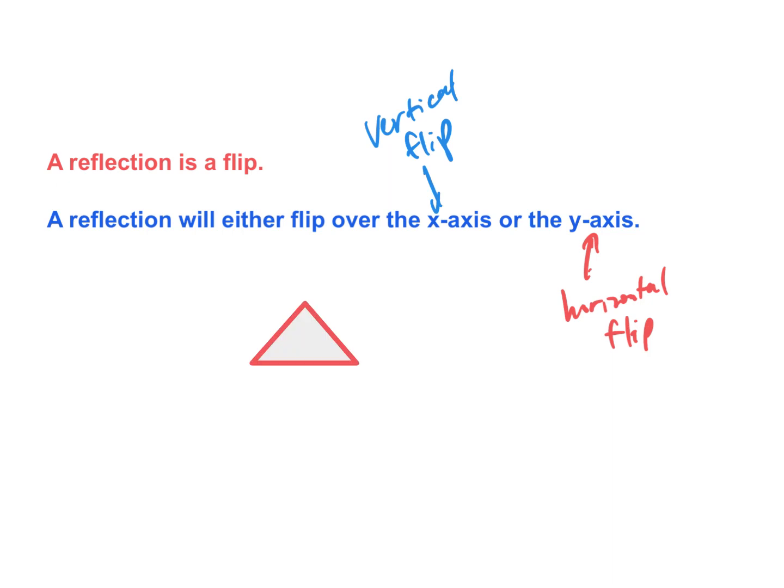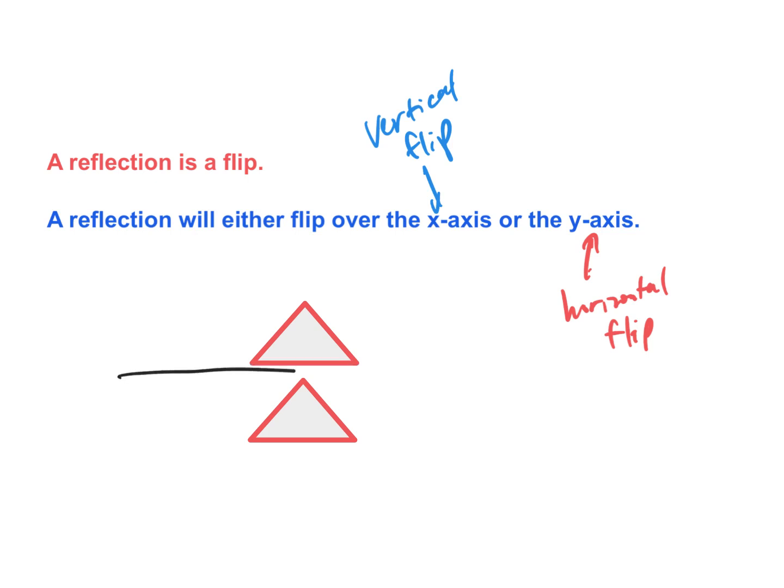So if I flip it over the x-axis, okay, what's going to happen to it? Let's see if I can do this. Okay. It's going to go like that, right? Now, I'm going to put it back in its place and give you a better idea.